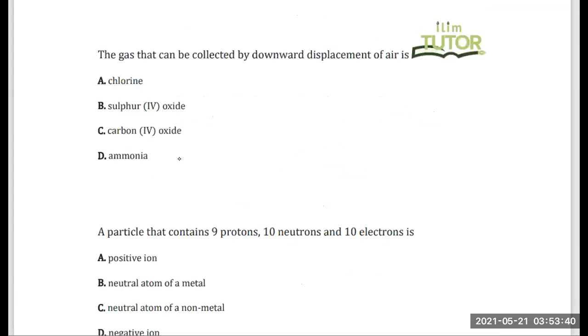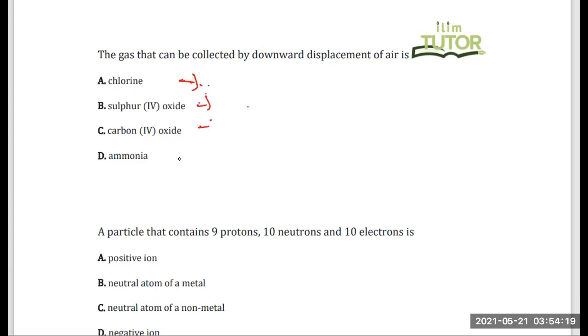The gas that can be collected by downward displacement of air is what? How do we do this? We do this by looking at how dense a substance is. Chlorine is denser. If it is lighter, it's going to be by upward displacement. Sulfur dioxide is denser than air.